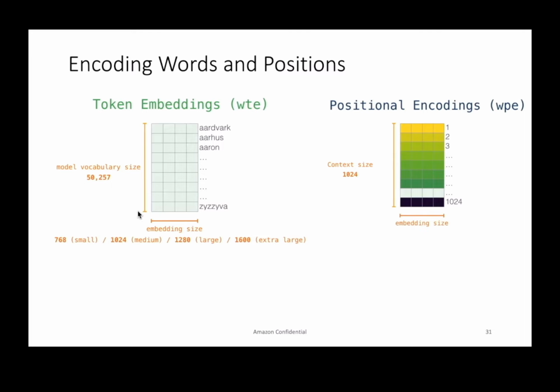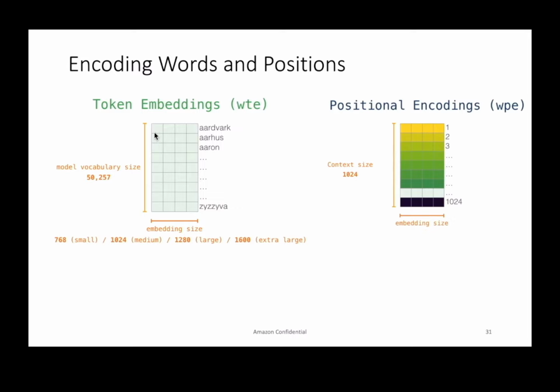The embedding size, which is the number of columns in the table, will denote what size of hidden state or what number of embeddings we want to use for each word. So for example, here one word will be represented by this many columns. This will have basically arbitrary numbers which will be trained during the model training, and they will begin to represent the word as the model is trained further and further.